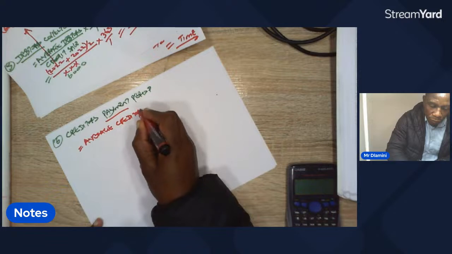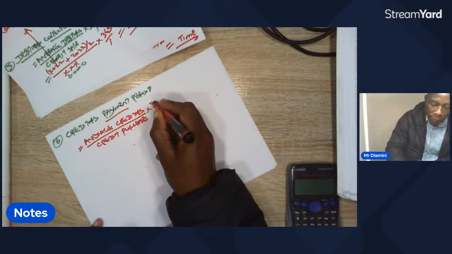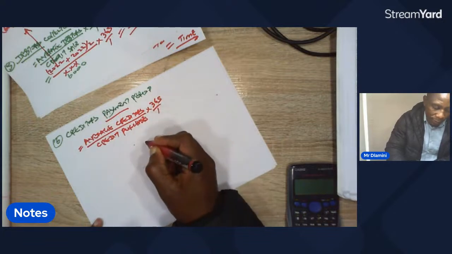The formula is average creditors divided by credit purchases, times by 365 over 1.